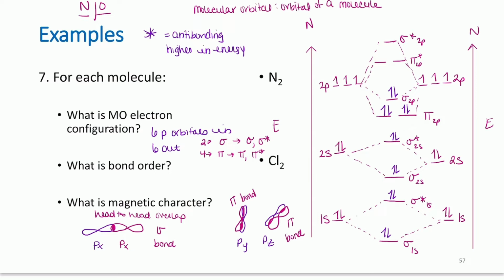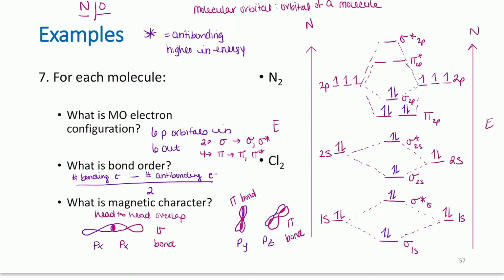What is the bond order? Bond order takes the number of bonding electrons and subtracts the number of antibonding and divides it by 2. Now again, if your orbital is completely filled like this, I tend to ignore it because it's got the same number of bonding and antibonding orbitals, so they just cancel each other out.